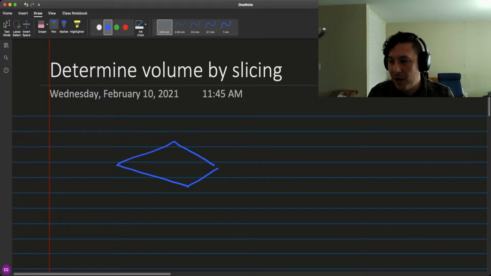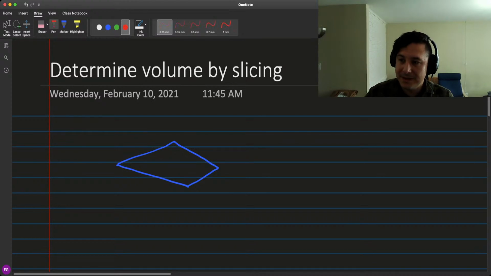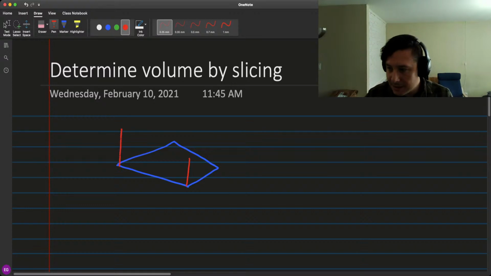Okay, this is the floor of my object. It's going to be a weird, trapezoidal looking thing.